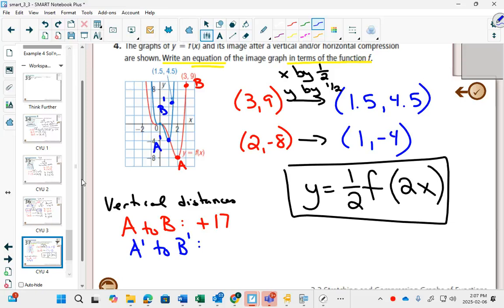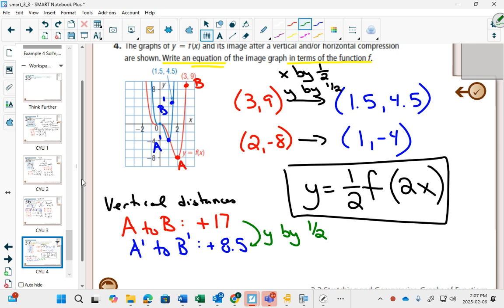Is that right? 17 there, and this is going to be 4 or 5. No, it's 4.5, sorry. So -4 up to 4.5 is going up 8.5. And then to go from 17 to 8.5, that's cut in half.